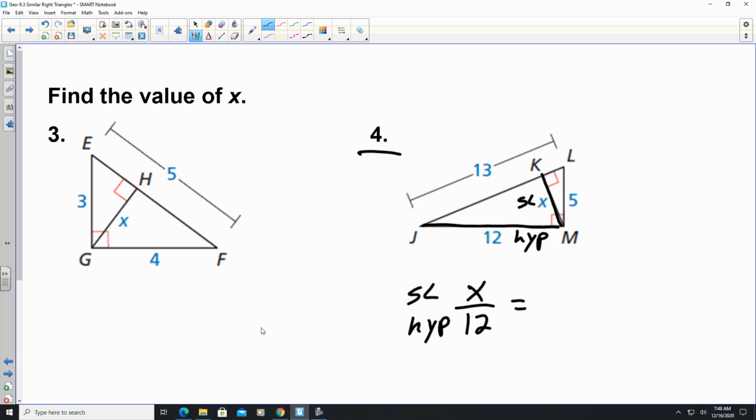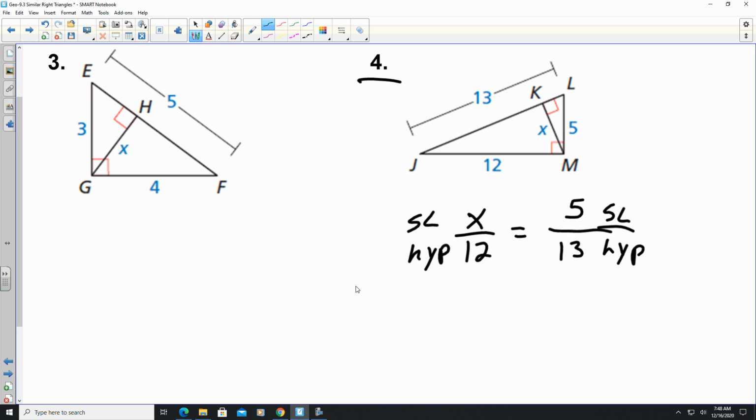So that means when I'm looking with respect to the large triangle, I'm looking for the short leg of the large triangle and the hypotenuse, keeping things consistent in my fractions. So my hypotenuse in this case is 13. My short leg with respect to the large triangle is 5.